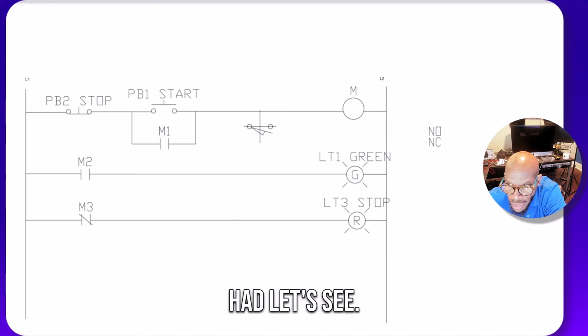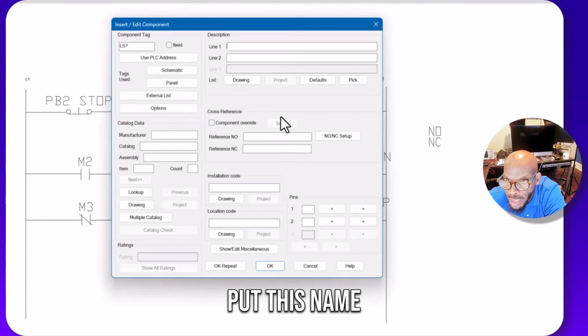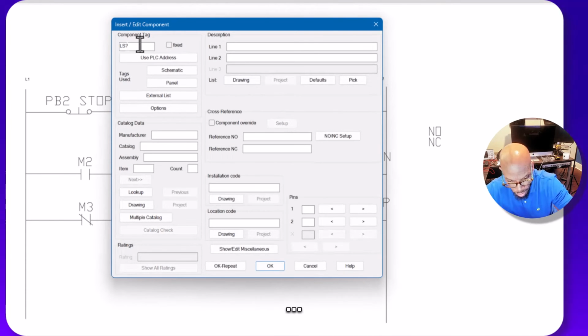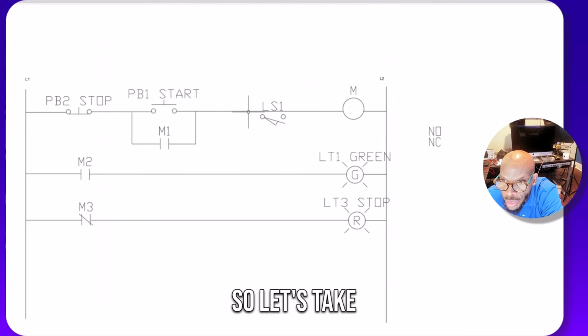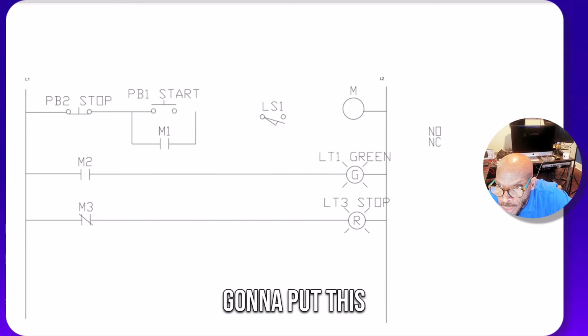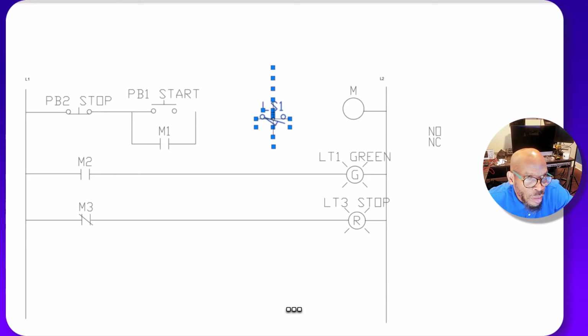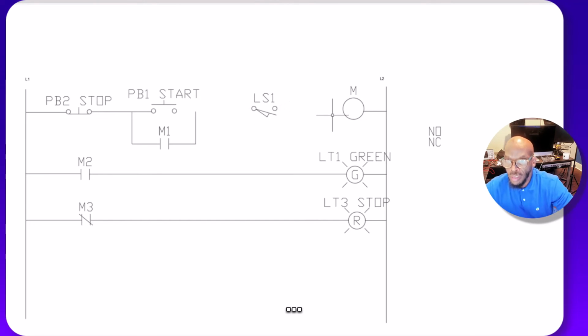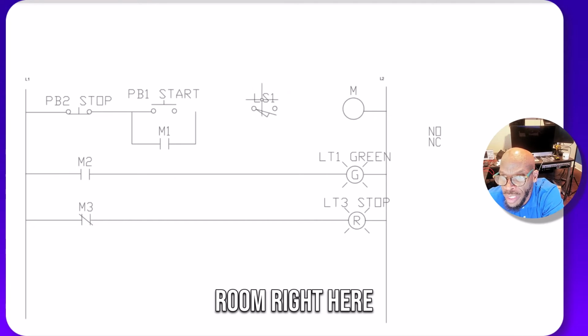If we had, let's see, we're going to put in limit switch number 1. So let's take this out, and then we're going to put this limit switch in here. Well, we don't need to put it in this rung right here.